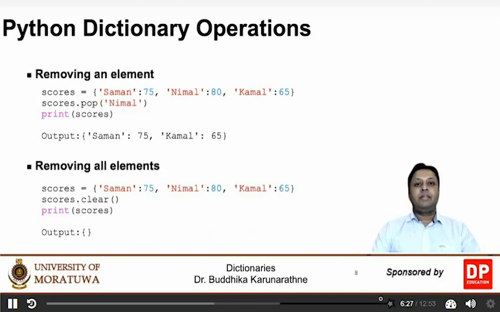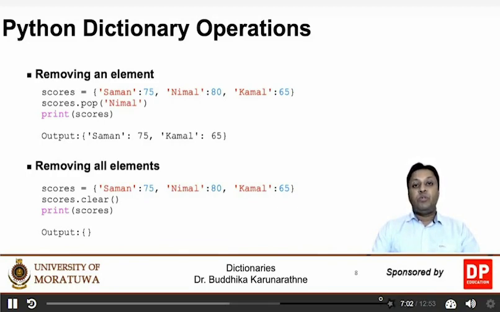Now let's look at removing items. To remove an element from a dictionary, we can use the pop method. This method takes a key as the parameter, and when invoked, it will remove the element corresponding to that key. In the example given, we pass Nimal as the parameter, and the element related to that key is deleted from the dictionary.